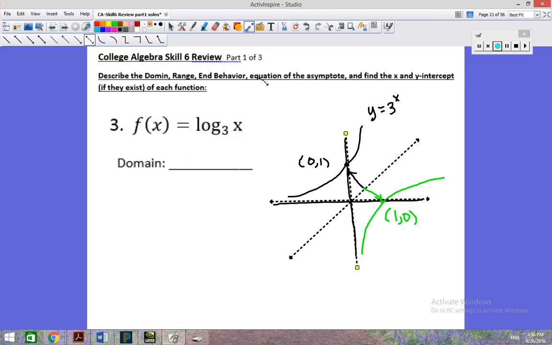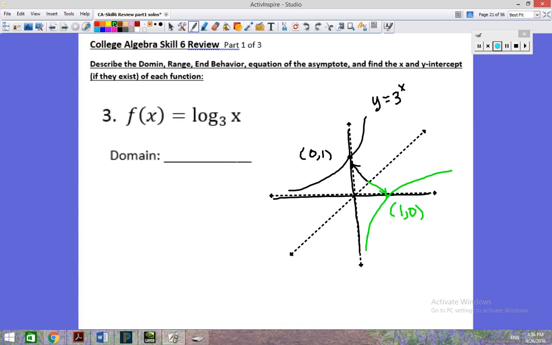So this log function is getting closer and closer to this dashed line at the y-axis and never touching it, and that's the vertical line x equals 0.